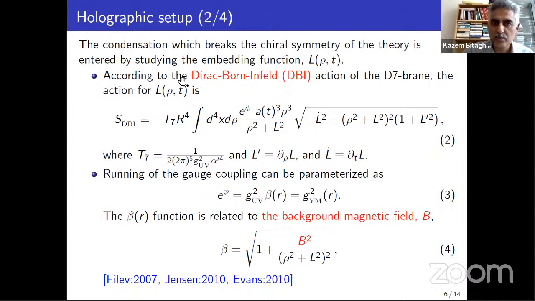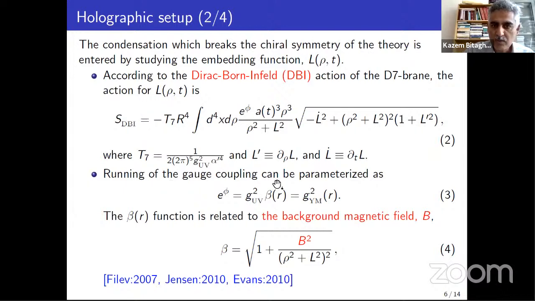The condensation which breaks the chiral symmetry of the theory is encoded by studying the embedding function L. According to the Dirac-Born-Infeld action of the D-brane, the action for this L is given by this. As I have mentioned, we have a stack of D3 branes, and we embed the D-brane, and we should study the action for this D-brane. Here T7 is the tension of the D7, and L also appears under the square root. L prime and L dot are derivatives with respect to rho and time.